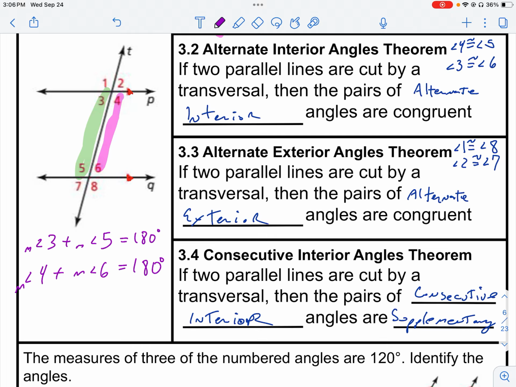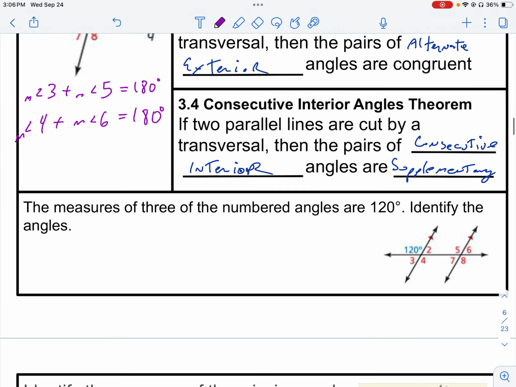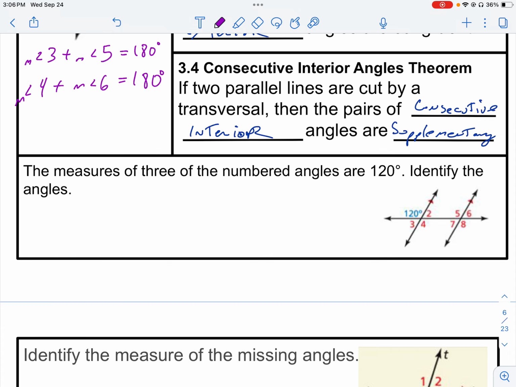Now, all these things give us a lot of power and a lot of tools to find the measures of different angles that we might be dealing with.